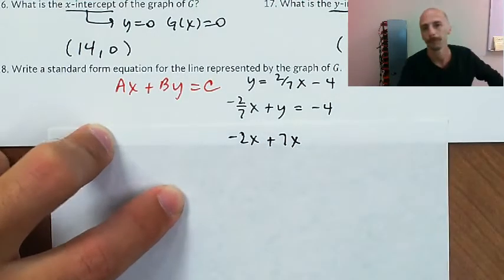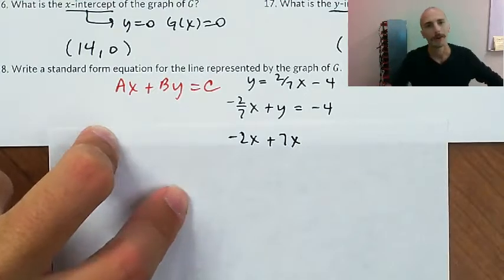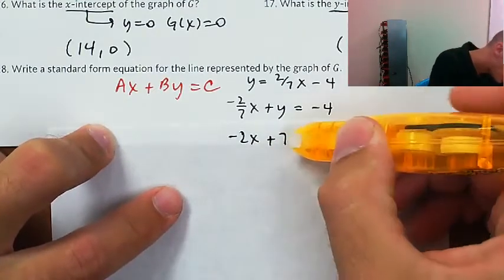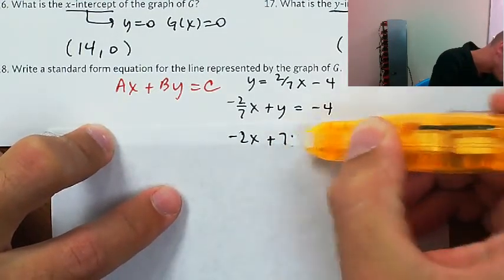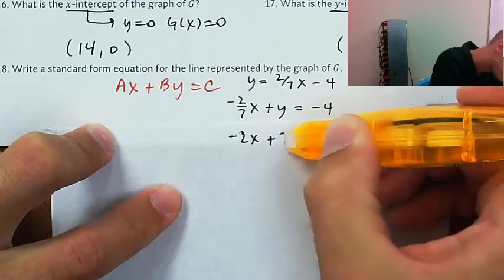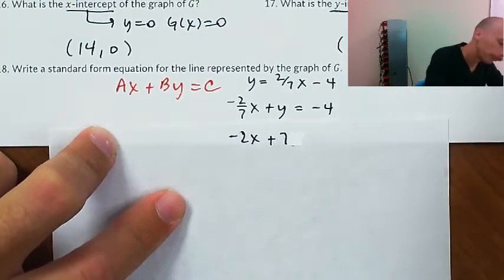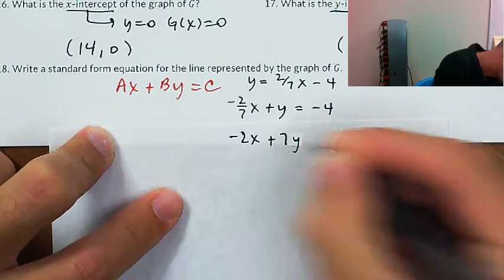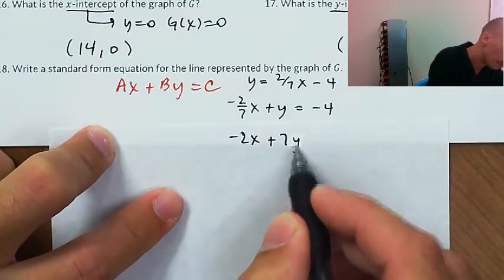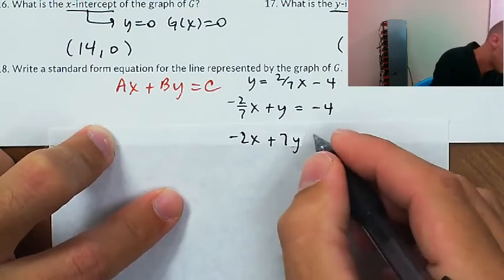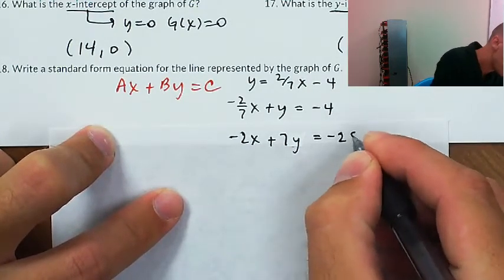It's not a y. Made it almost all the way through without making an error, but that's just how it goes. You make some errors. So negative 2x plus 7y equals 7 times negative 4, which is going to be negative 28.